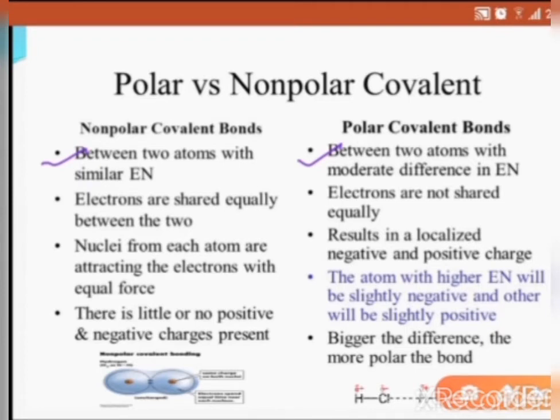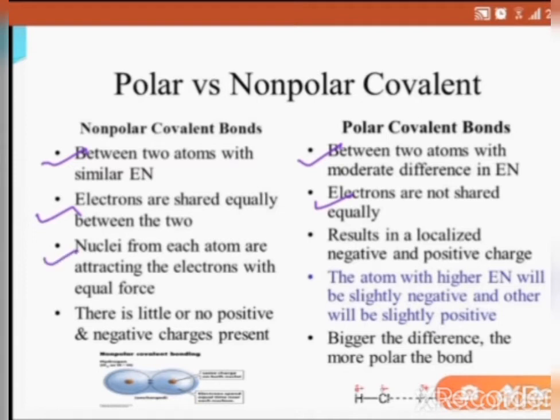Second point of difference is that electrons are shared equally between the two, whereas in polar covalent bonds electrons are not shared equally. In non-polar molecules, nuclei from one atom are attracting the electrons with equal force.